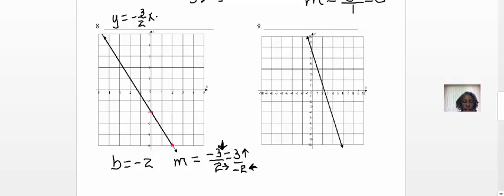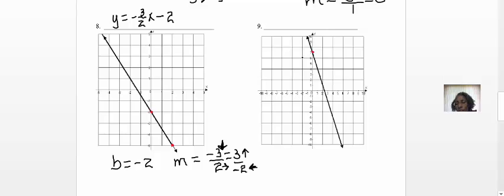So the slope times x plus my b gives me y equals minus 3/2 x minus 2. All right, here I see that my y-intercept, as I go to number 9, is 7.